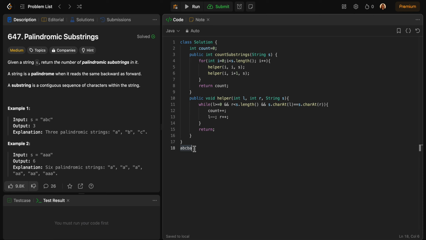And the most efficient way is using two pointers. We put one pointer over here and another pointer over here, and then we check whether these two values are equal or not, and then we keep on increasing our start and we keep on decreasing our end until our start exceeds end. So this is the approach we use for calculating palindrome.